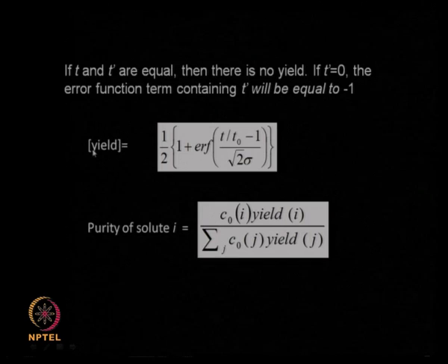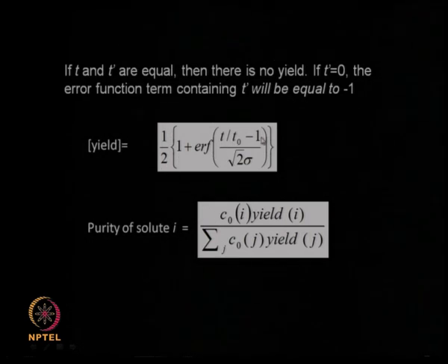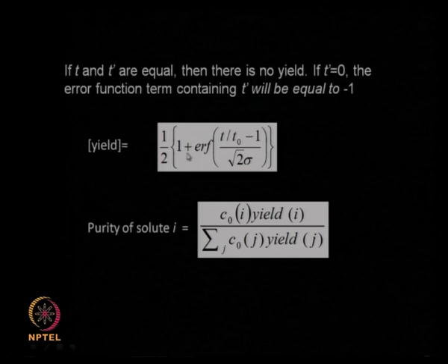So what will happen? Yield will become half of 1 plus error function (t by t naught minus 1) divided by square root of 2 sigma. So if I am collecting from time equal to 0 to some time t, then the yield will be half of 1 plus error function (t by t naught minus 1) divided by square root of 2 sigma.